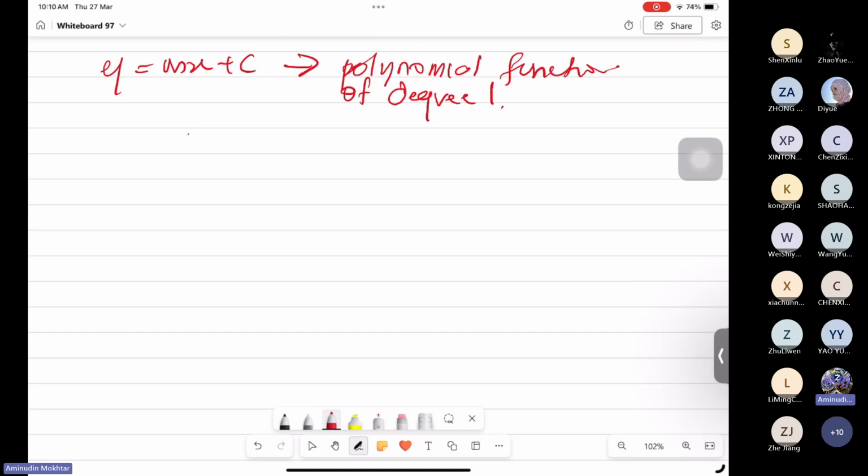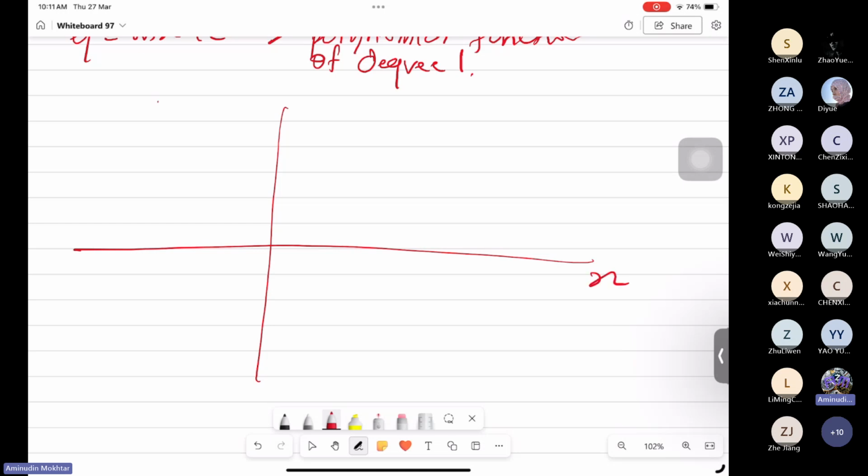So in general, when we draw a graph for this function, for example, let's say the horizontal axis is x, the vertical axis is y. When we draw a linear function, we will get a straight line like this. For example, let's say y equal to mx plus c.